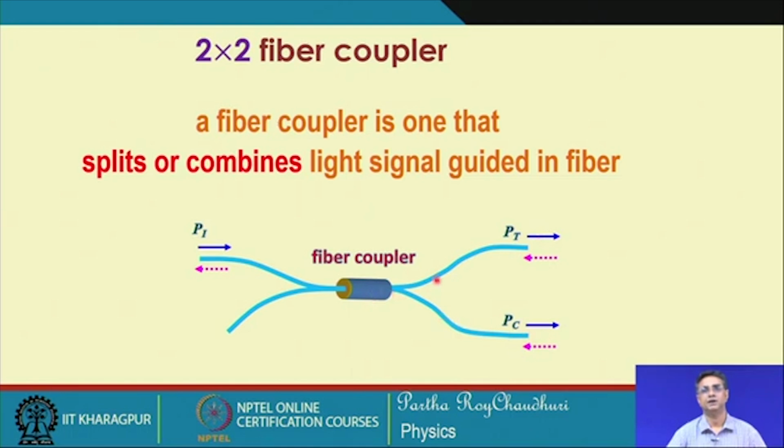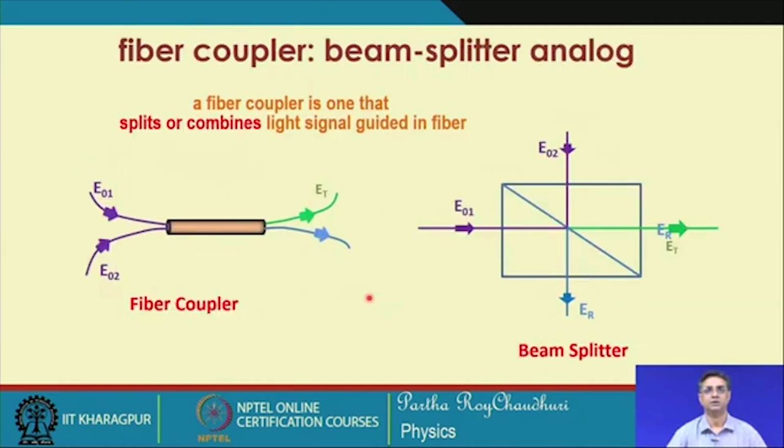These green lines represent two fibers which are in intimate contact at this region, and this device is called the fiber coupler, and we will learn how this coupler works.